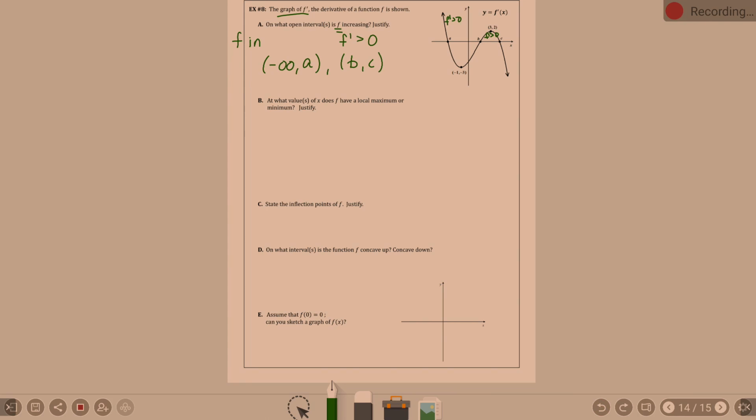And that's happening on negative infinity to A and B to C. Okay, we good there?